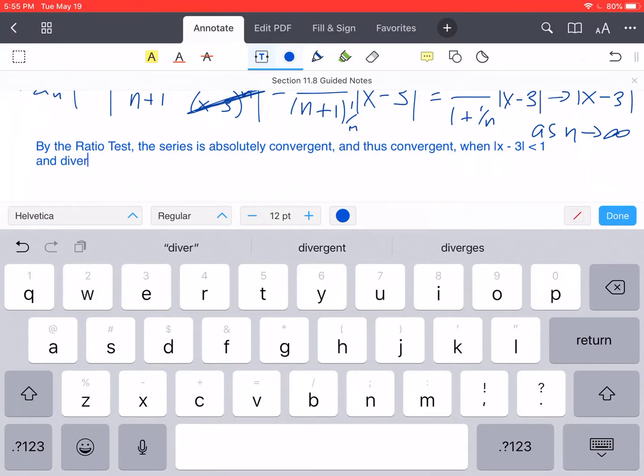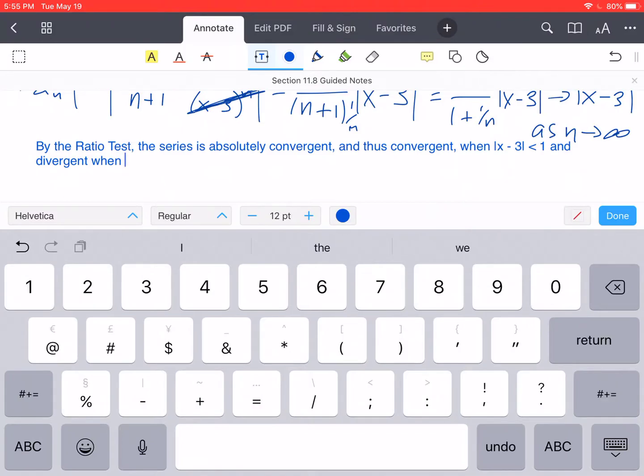And divergent when the absolute value of x minus 3 is greater than 1.